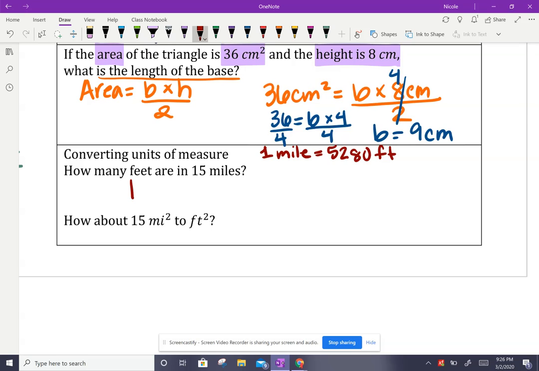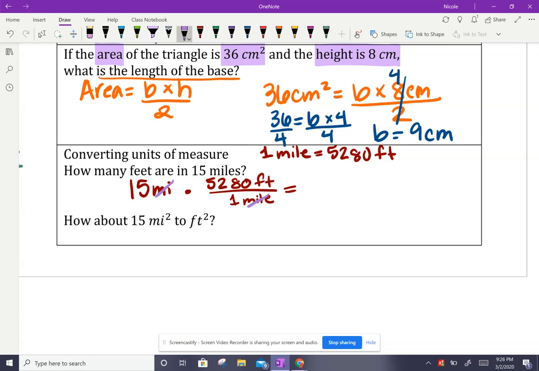So I'm taking 15 miles, and I know I have 5,280 feet per 1 mile. So if I take a look at this, I have mile on the bottom, I have mile on the top.